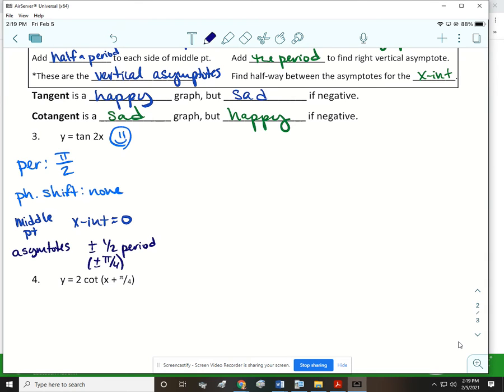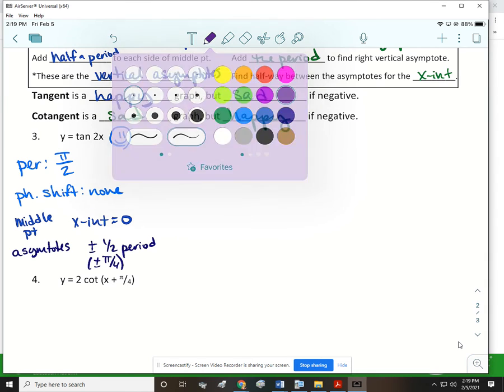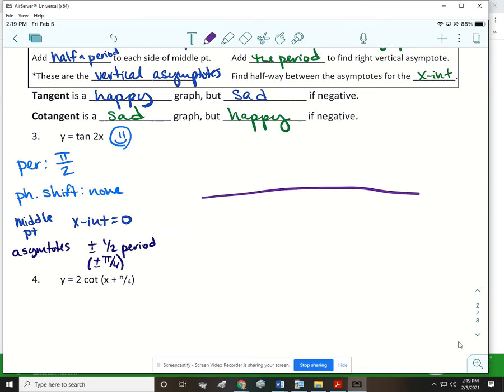All right, now I know that's a lot to keep straight, so let's see if we can just put it on a graph. Okay, so no phase shift, that means my middle point is at 0, which is where the y-intercept is.